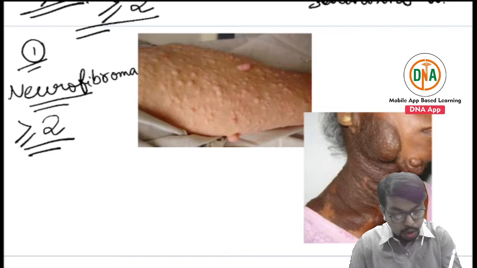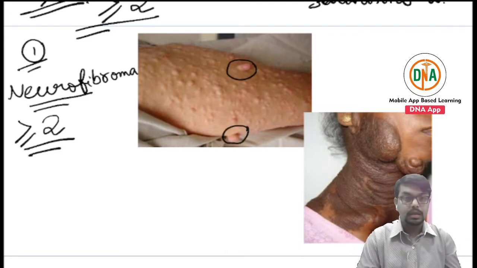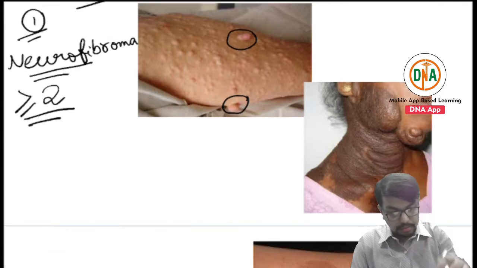They are soft nodules present over the skin. An important feature of neurofibroma is the buttonhole sign.